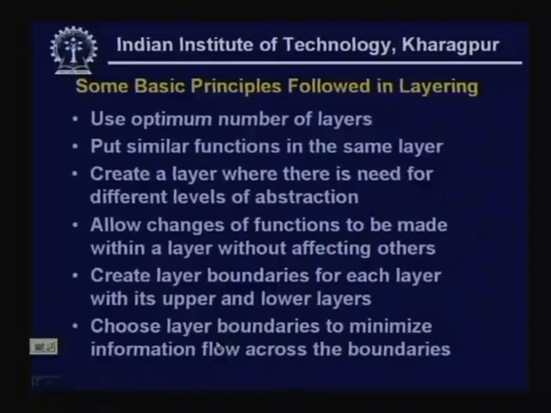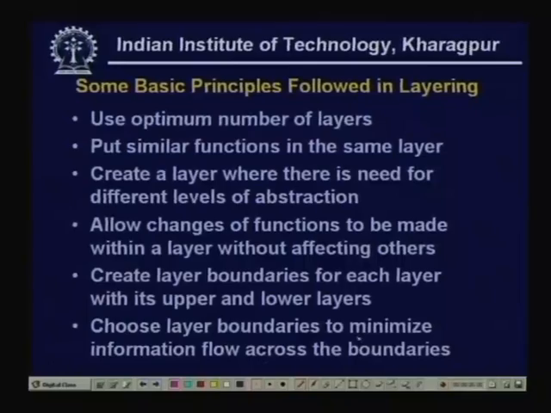What we want in that situation is minimum inter-process communication. Here also, we have to minimize the information flow across the boundaries. That means the two layers which will communicate with each other through the boundaries, the information flow through these boundaries should be minimized.